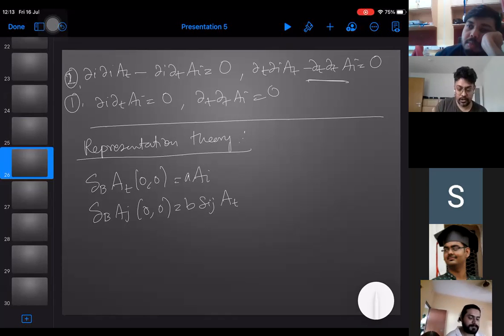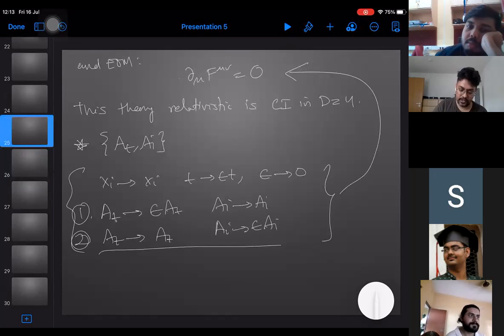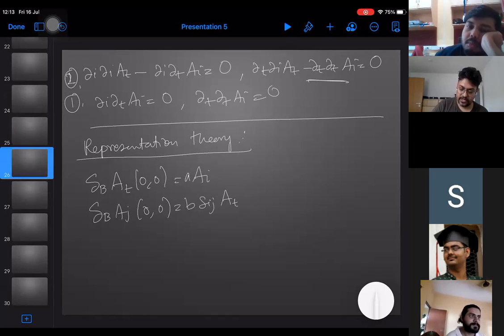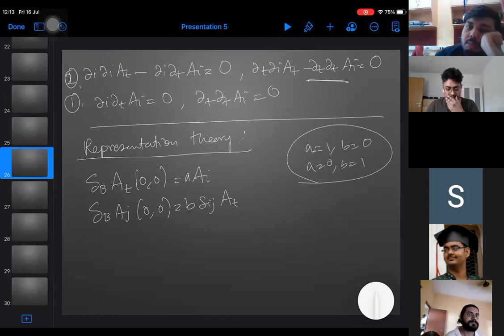For the two limits which I have defined over here in 1 and 2, if you take the value A as 1 and B as 0, and another with A as 0 and B equal to 1, you get the transformation for these two limits.